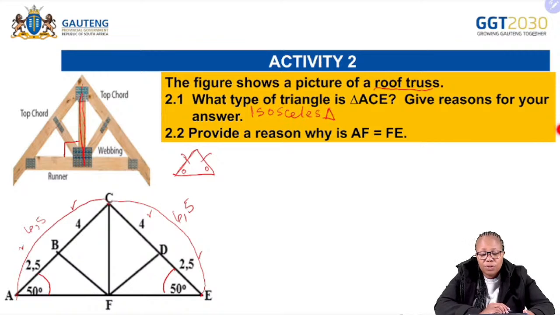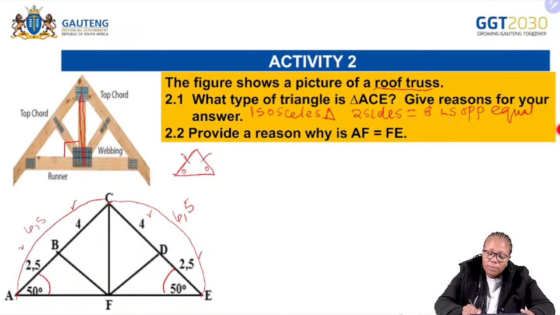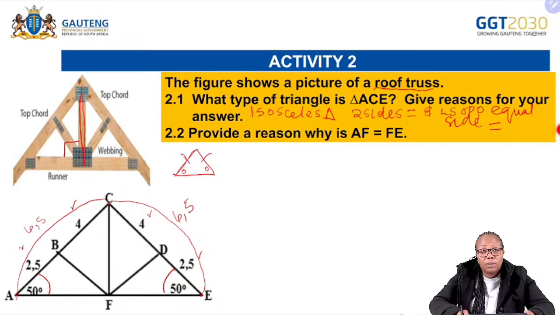Why is it isosceles? Two sides are equal and the angles opposite equal sides are also equal. They are both equal to 50 degrees.